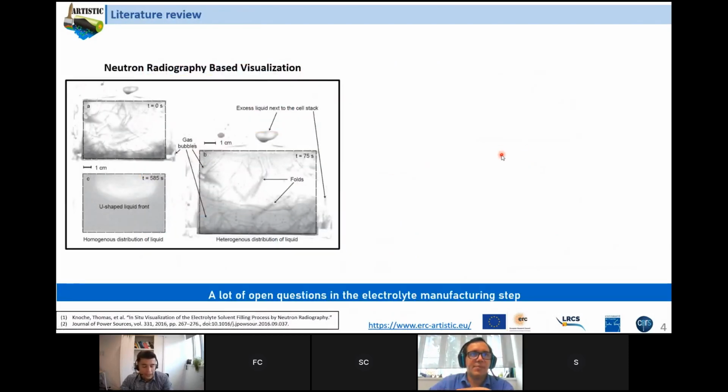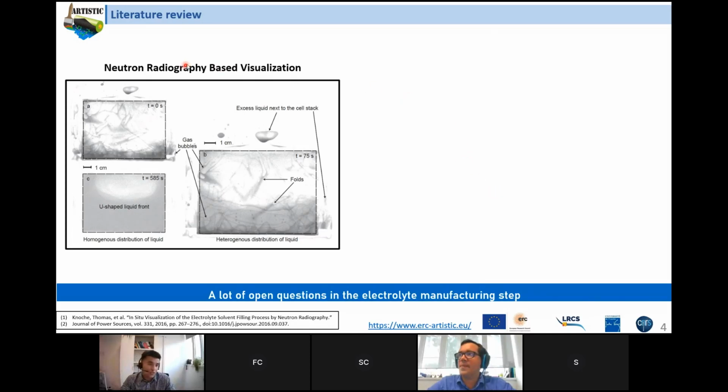So, as I said, during the last 3 years, the number of publications increased a lot. But the thing is that all of them were working independently. You can imagine some work in North America, in Europe, and especially in China, Korea and Japan, all working independently without knowing each other. Each of the groups suggested a new technique to analyze the electrolyte infiltration step.